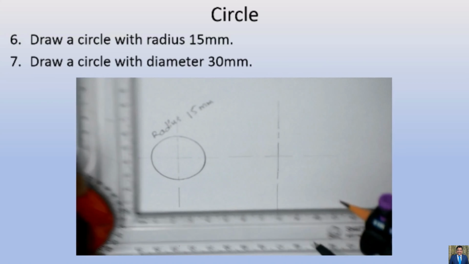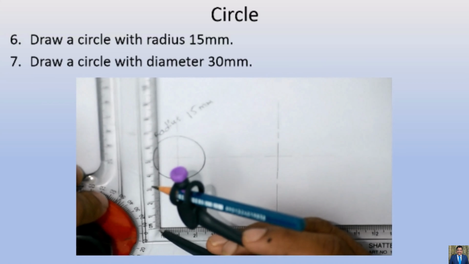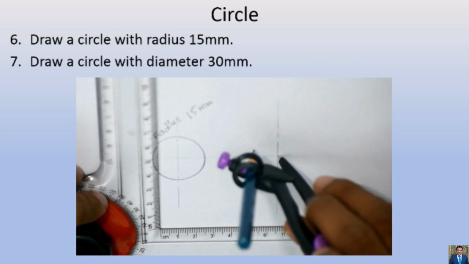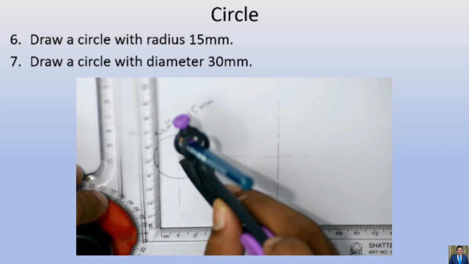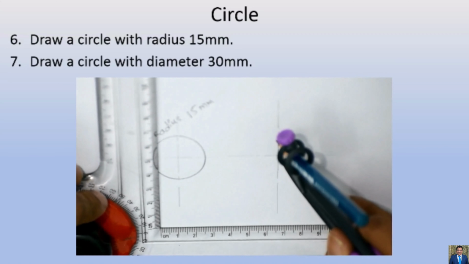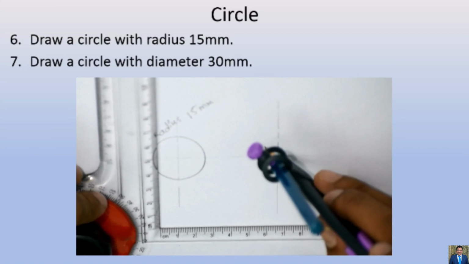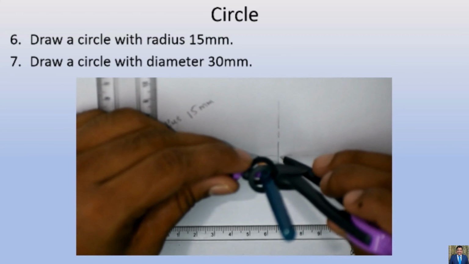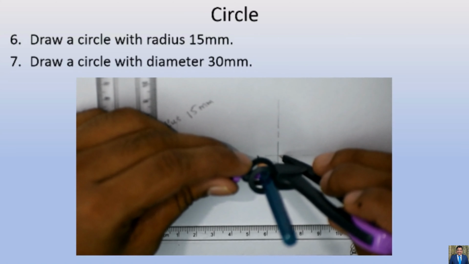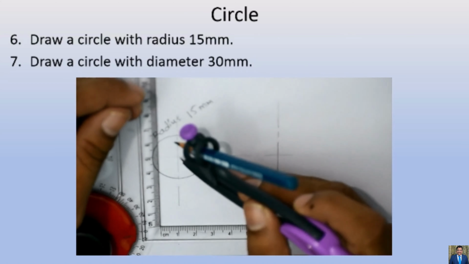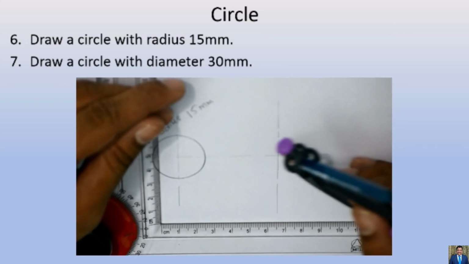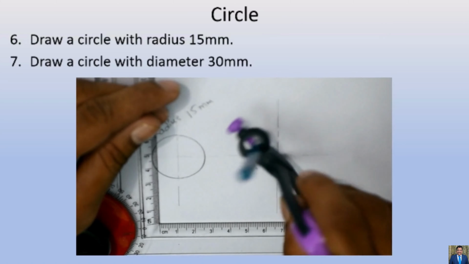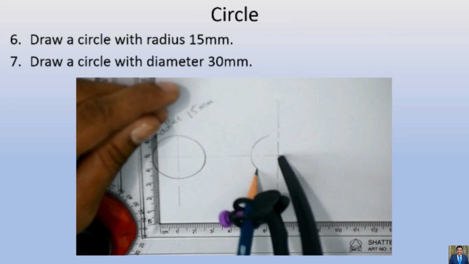So for drawing a circle with diameter 30 mm, I will again take the radius as 15 mm, similar to this circle. Again I will draw the circle. So one more circle, but this is diameter 30 mm.